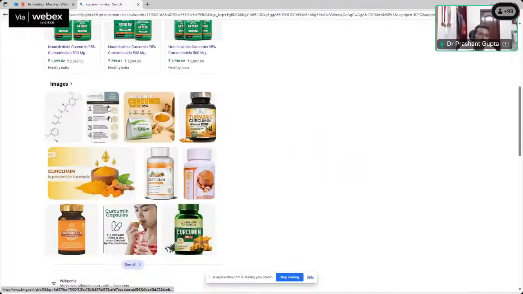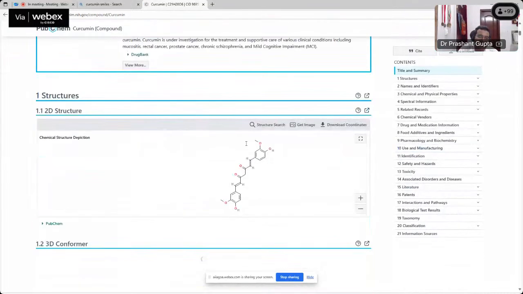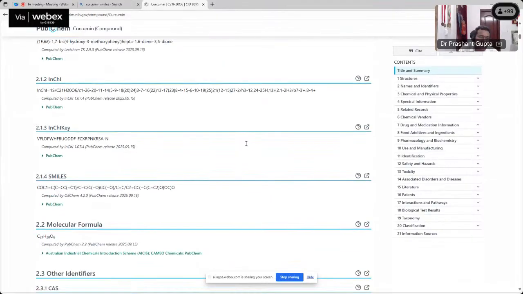Okay, so see this. PubChem is available for you. Here is the SMILES. You just have to copy it here. Okay, I have copied it.